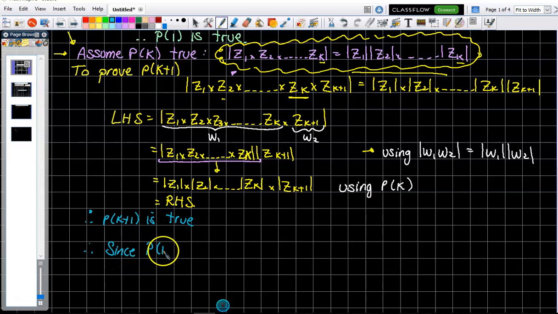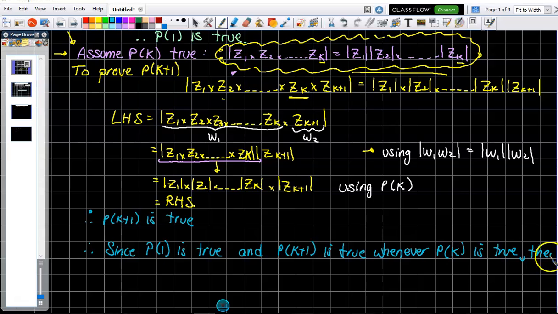Since P1 is true and Pk plus 1 is true whenever Pk is true, then P of n is true for all positive integers n by PMI. Now, please remember, this isn't you memorizing the statement. It is you summarizing the process that you've done. Huzzah!